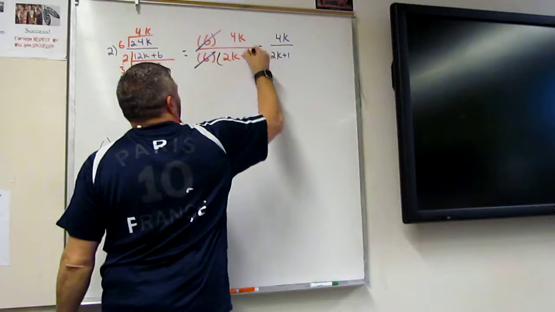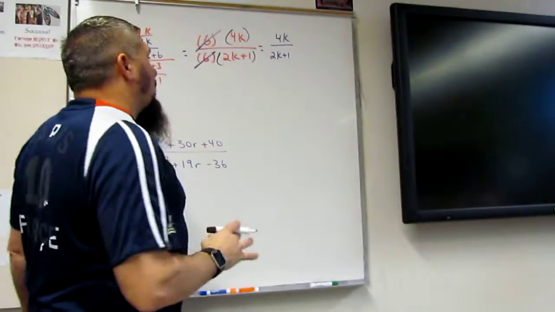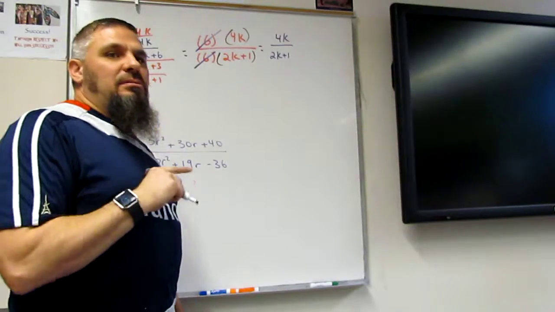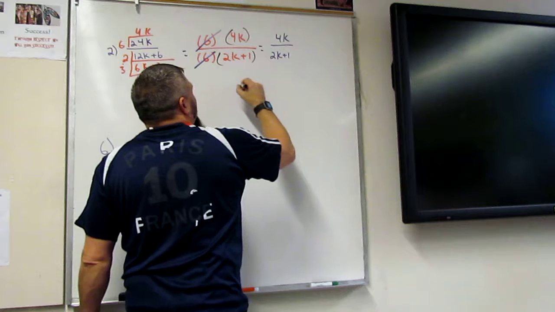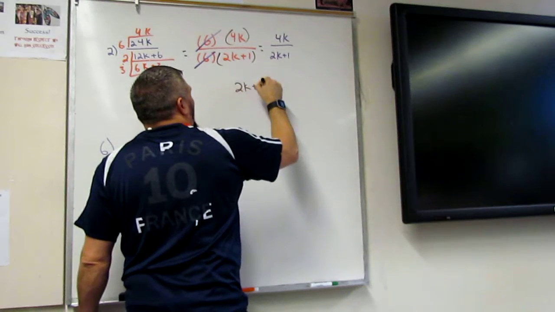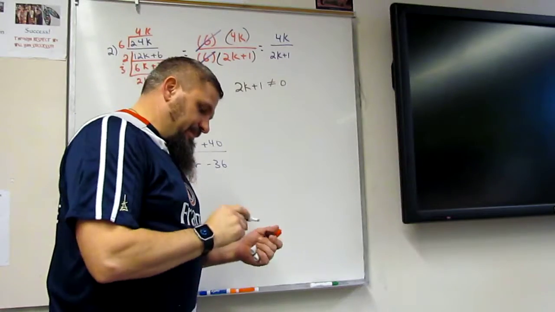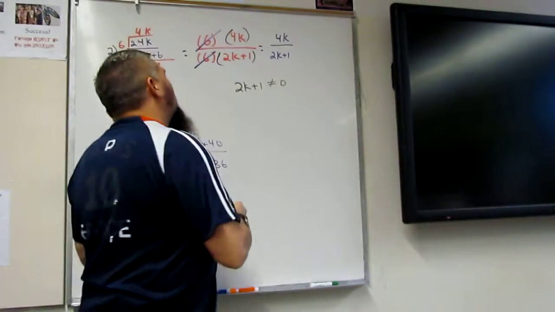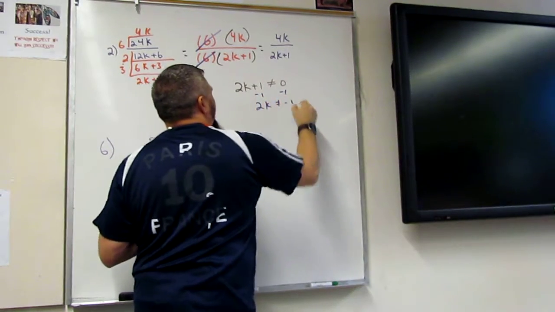So these are kind of parentheses, right? The bottom cannot go to 0. So 2k plus 1 cannot equal 0. I subtract 1 and get 2k cannot equal negative 1.